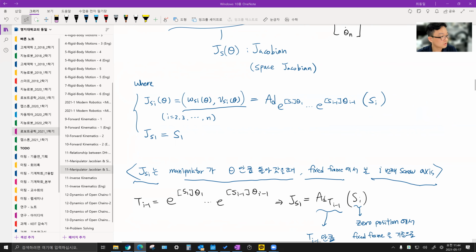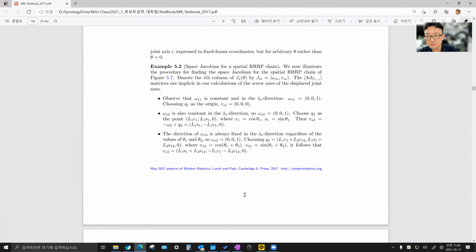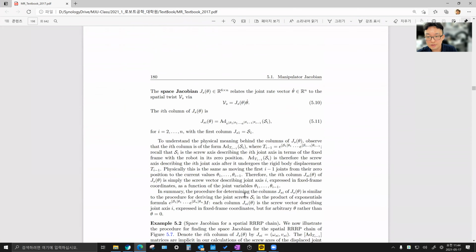I will explain in more detail. In our textbook, the i-th column of J_si is equal to this equation. And actually, this one is S_i transformed using this other joint matrix.